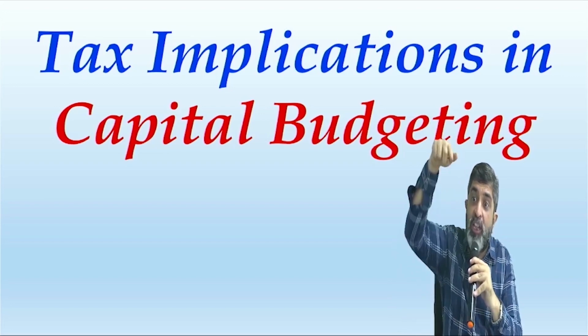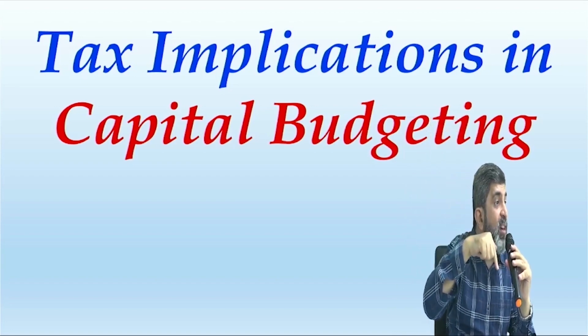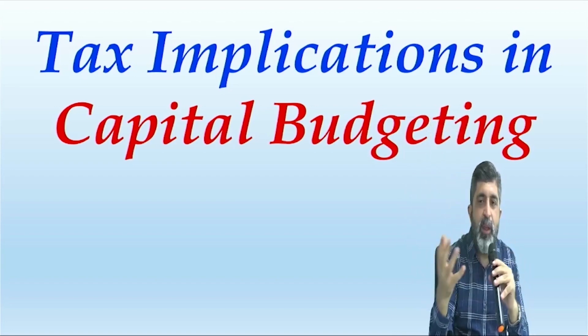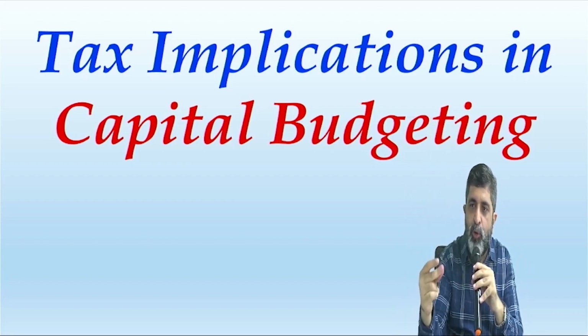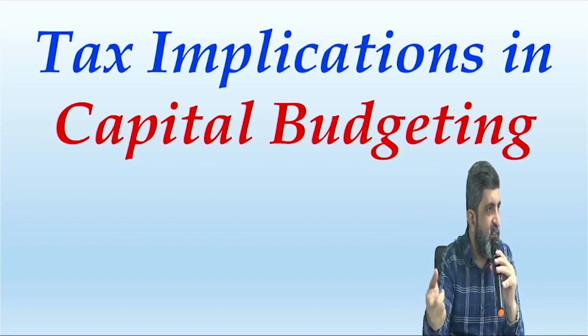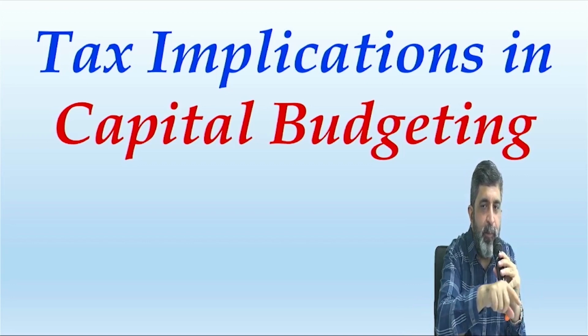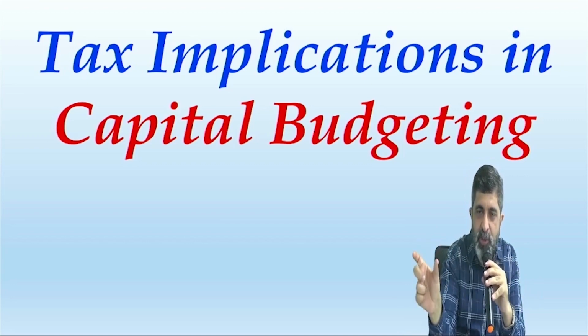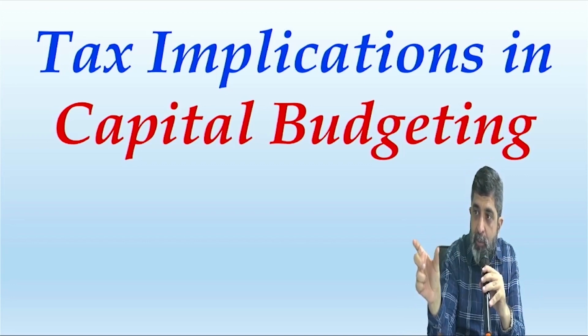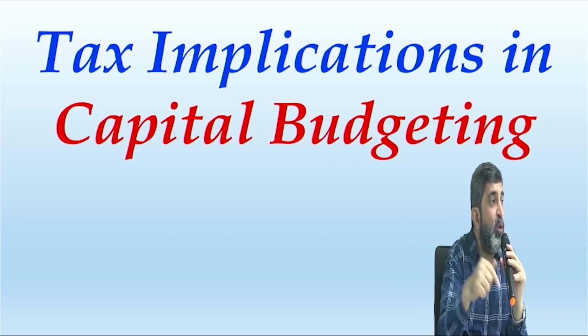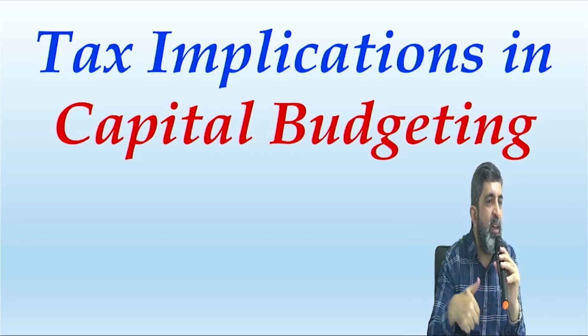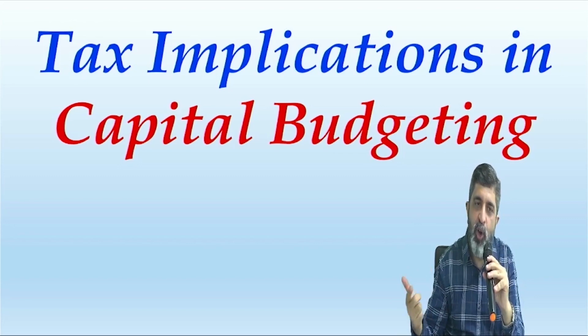I'm not saying more than the cost, more than the WDV. So if the WDV of the machine is 5 lakhs, you sold it for 6 lakhs. The resulting gain will be short-term capital gain. Correct? But if there is a machinery which has WDV of 5 lakhs, you sold it for 4 lakhs, there will be a short-term capital loss.